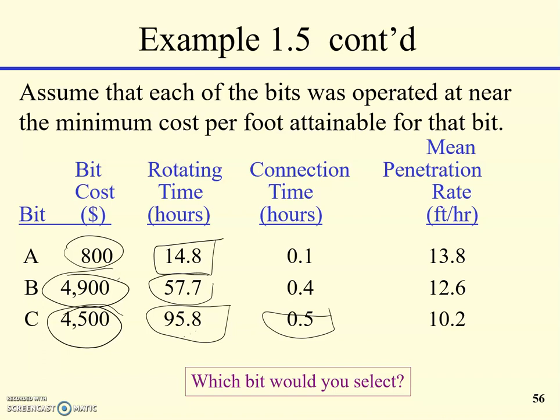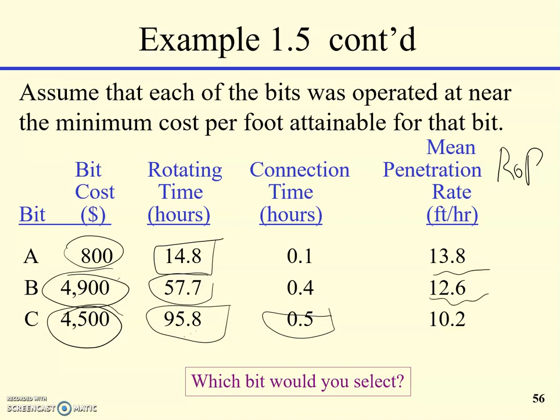And also the mean penetration rate, the one that we talked about, how many feet you drill per hour. That's called ROP, or rate of penetration, or penetration rate. For different drill bits it is different. This one is cheaper but it's faster.